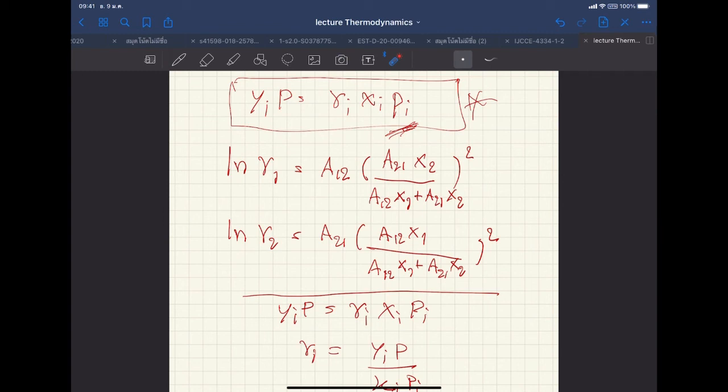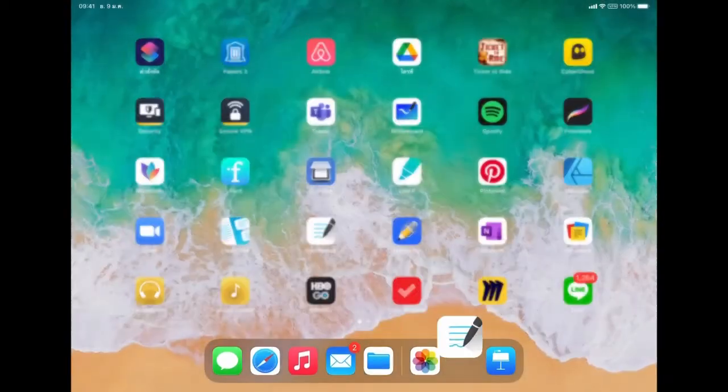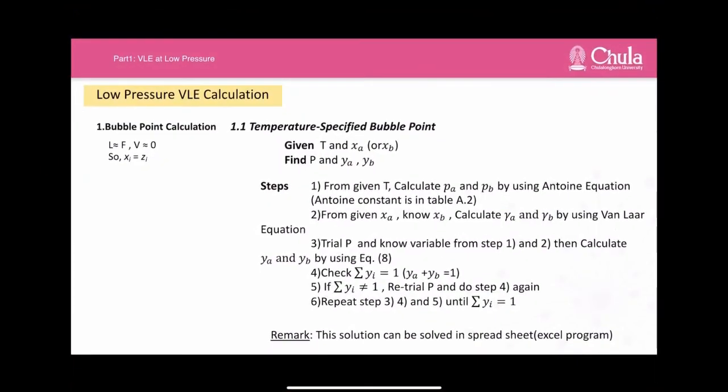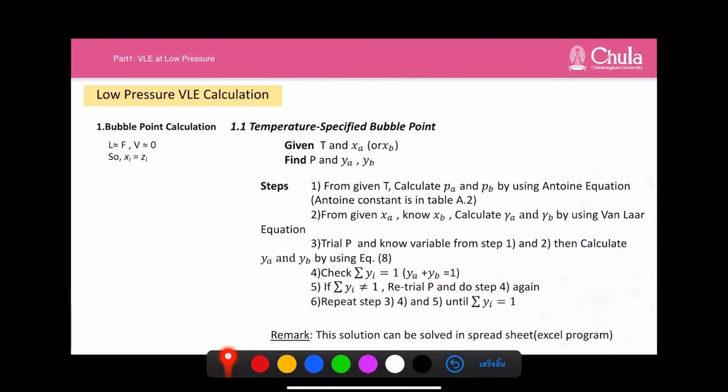The next equation is that the summation of yi, or y1 plus y2, must be equal to 1. So this is the simple case. If we have the liquid phase first, and the temperature is already defined, we can calculate the bubble point.